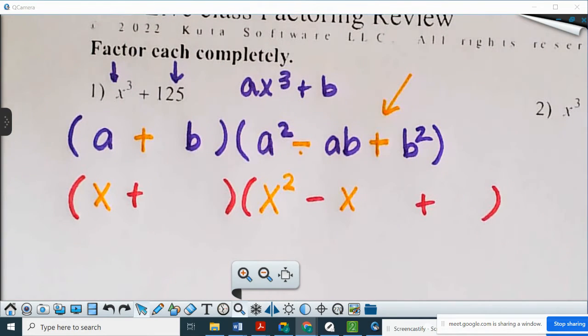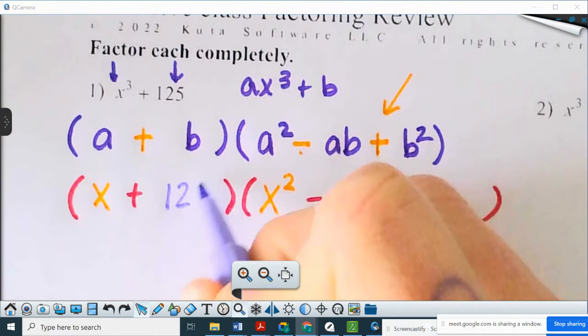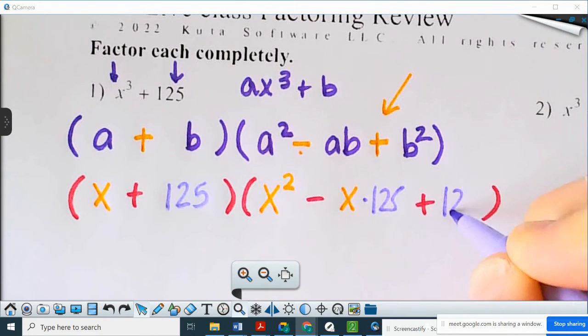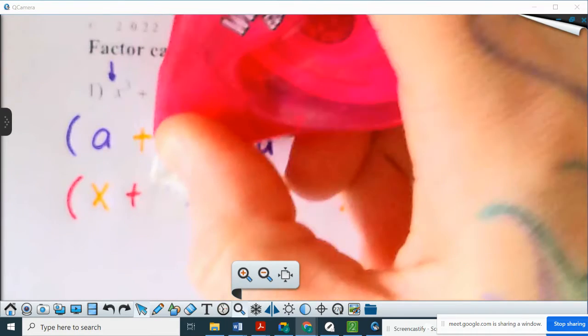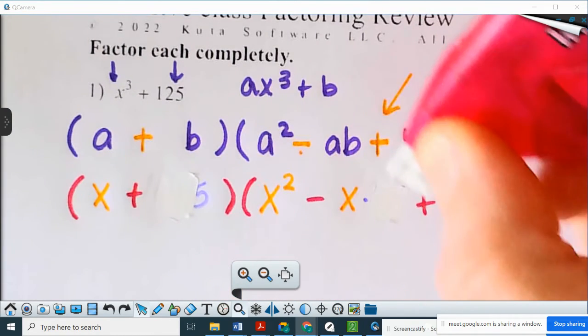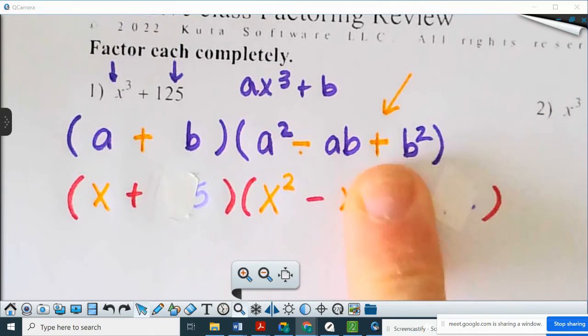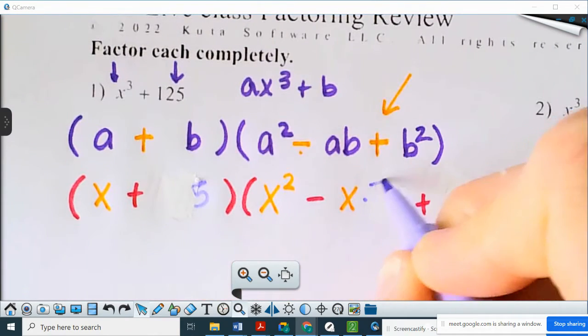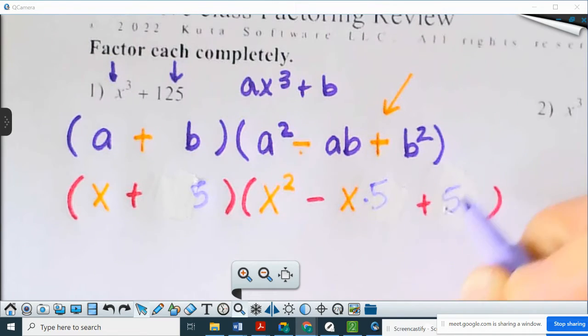So that b value goes right here. Oh, I definitely said 5, and I'm writing 125. Man, it is definitely time for Friday. So 5, 5 squared.